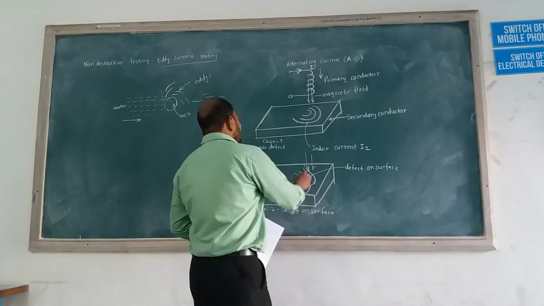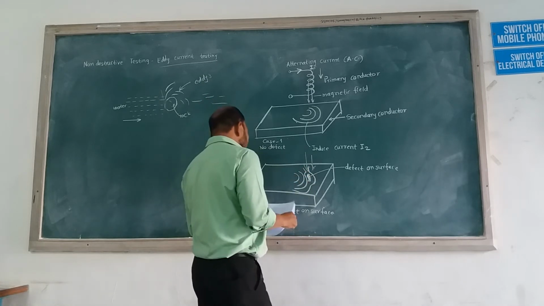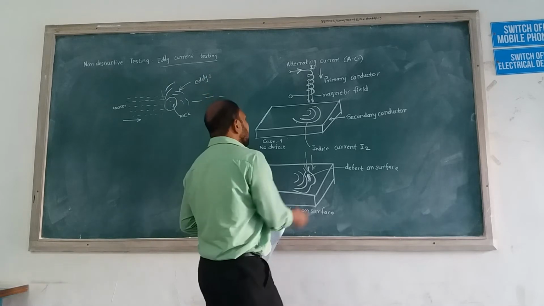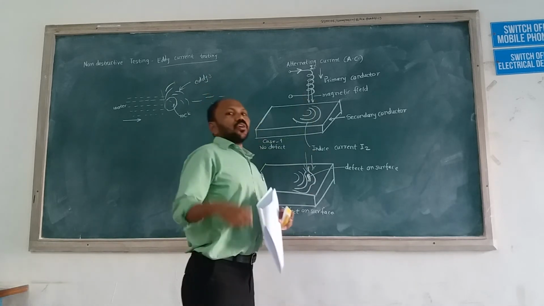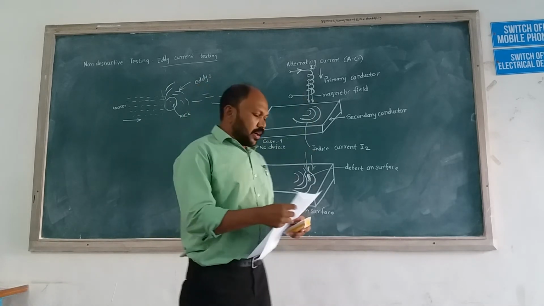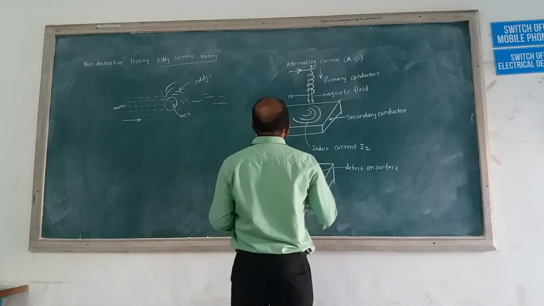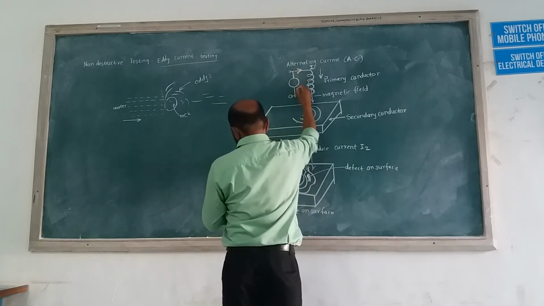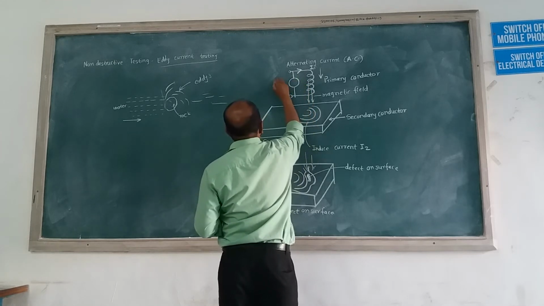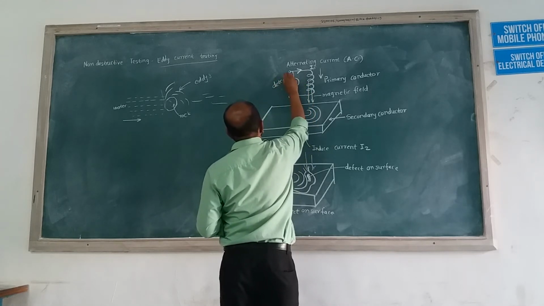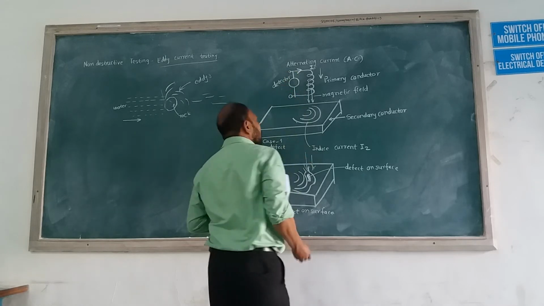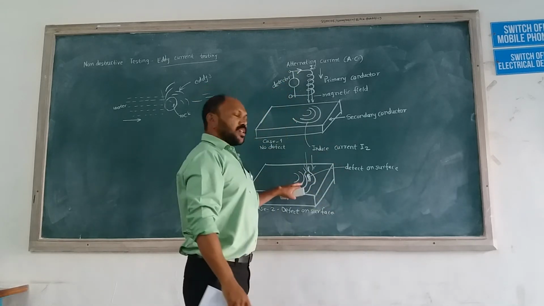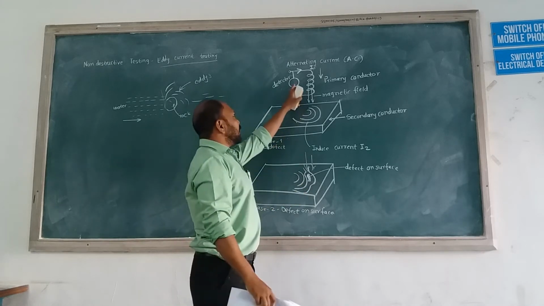Okay, so after that, what happens? All this induced current again goes towards the coil, and here the changes take place. And if we add some detector here, this detector detects the changes in induced current.